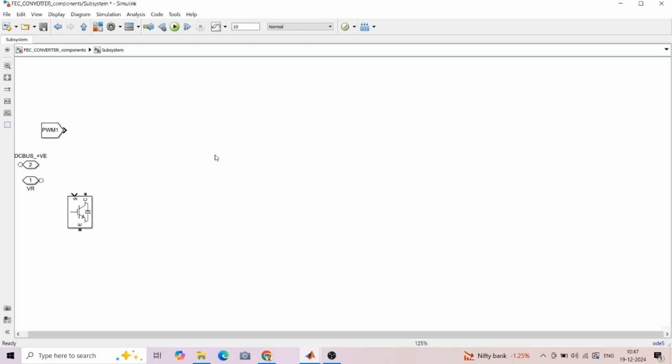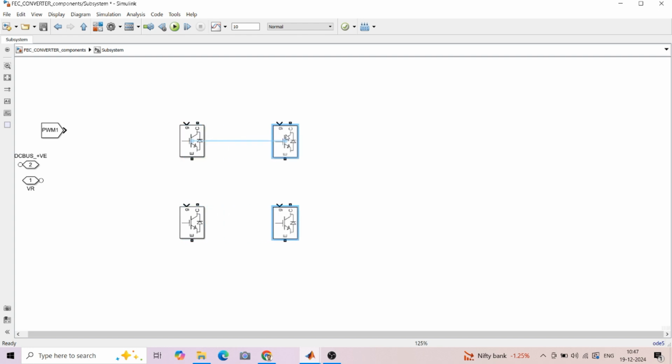Now we will make the VSI or voltage source inverter. For making the voltage source inverter, we require one IGBT, one PWM, and these two are the connection ports. First we will place 6 switches over here: 1, 2, and then 3, 4, and 5, 6. Now we will place the PWM over here.